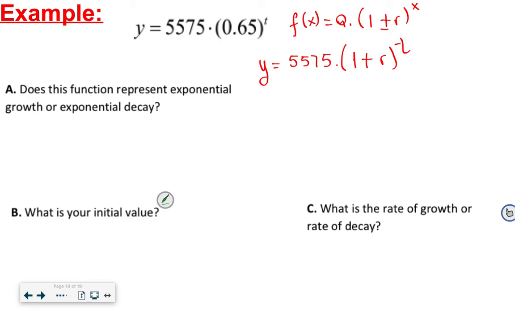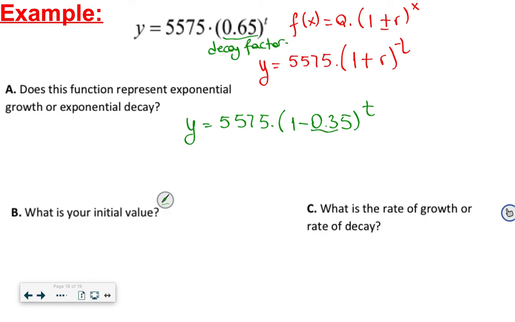So this is 0.65, which is less than 1. That means that this is going to be written y is equal to 5,575 times 1 minus 0.35 to the power t. As you see here, this is the decay factor.